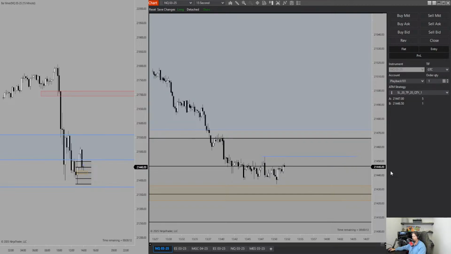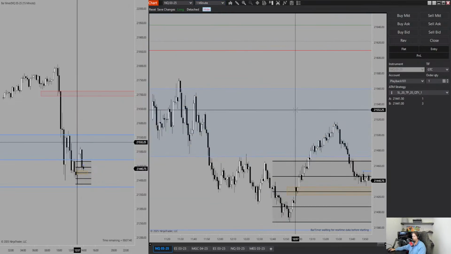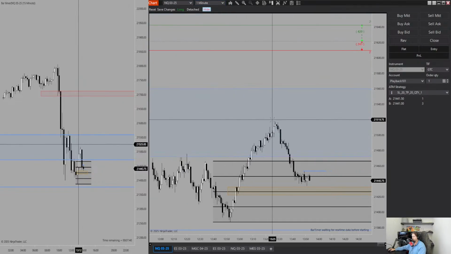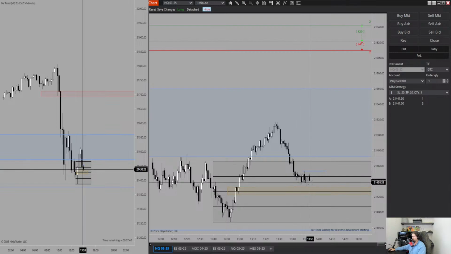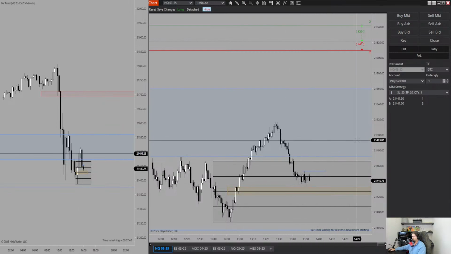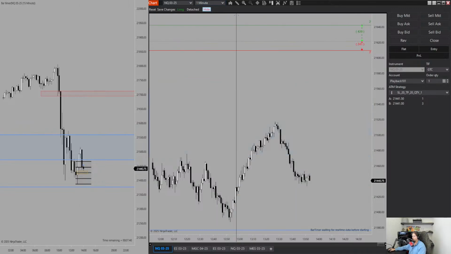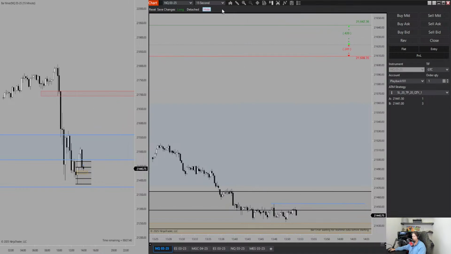All right, looks like we are going to take this high. I'd like to see a little closure above it. Let's see how this is looking on the 1 minute. Yeah, okay, this is looking decent. If it could swipe this low one more time. But there is a long brewing here, in my opinion.